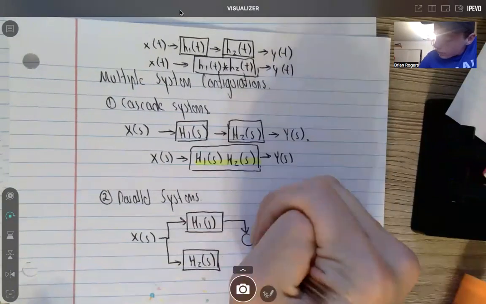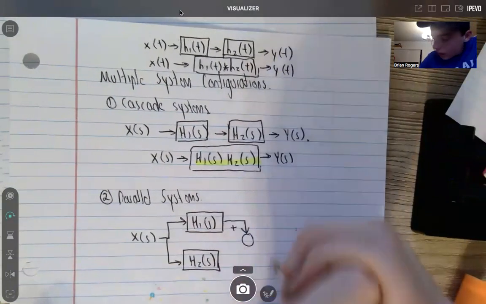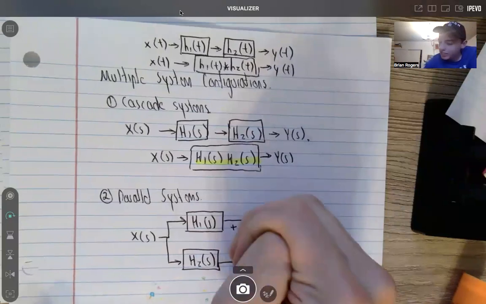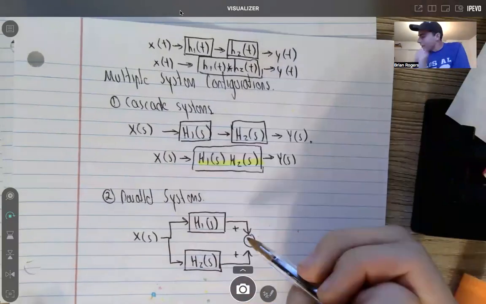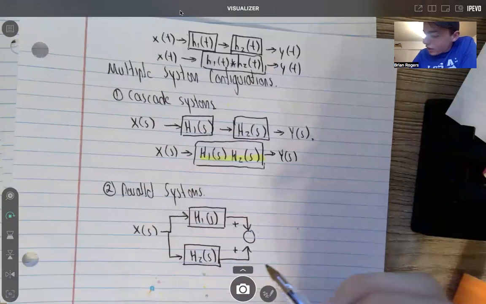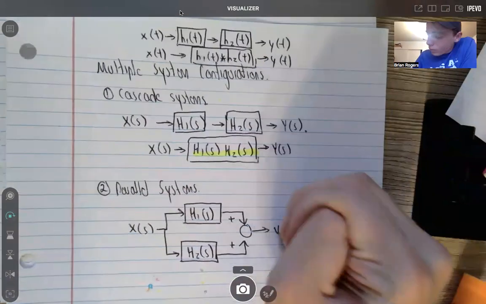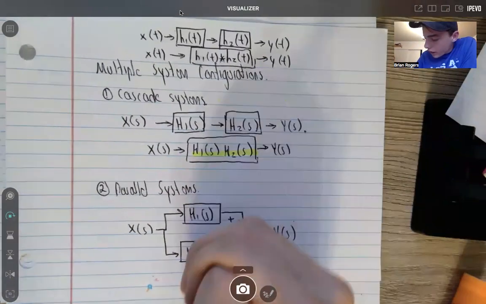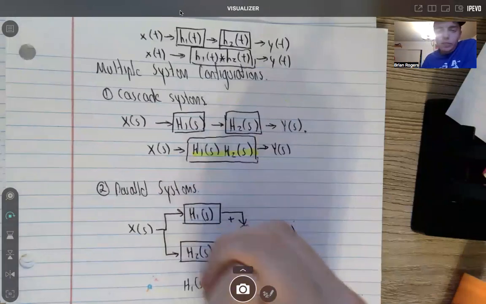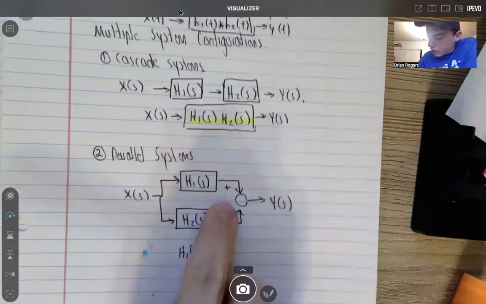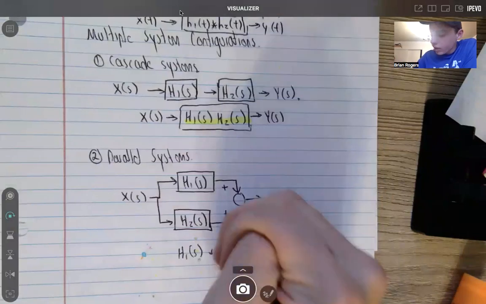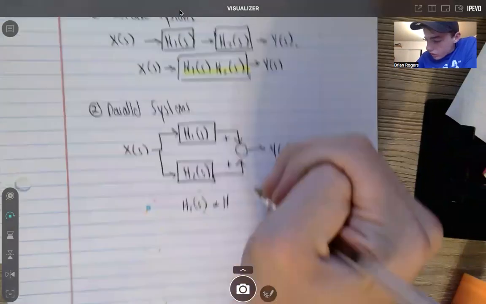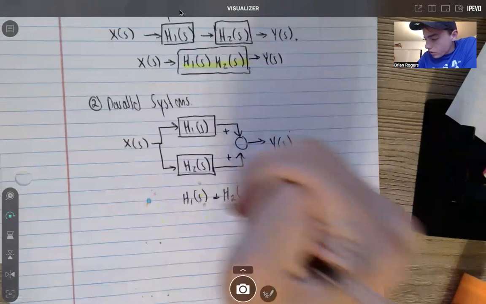And the nice thing about when they're in parallel is they have this add symbol always. So I always think, oh, the equivalent block is always going to be h1 of s, because it just tells you right here by the add symbol, added with h2 of s. So there's no need to memorize that. h2 of s. Okay, and this produces our y of s.